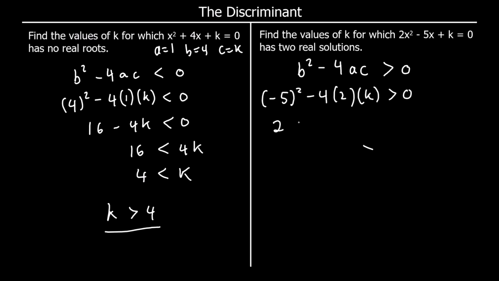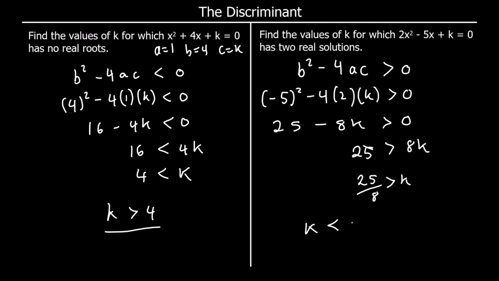So we've got 25 minus 8k is greater than 0, plus the 8k to both sides, and divide by 8. So we have 25 over 8. k is less than 25 over 8. So k must be less than 25 eighths.